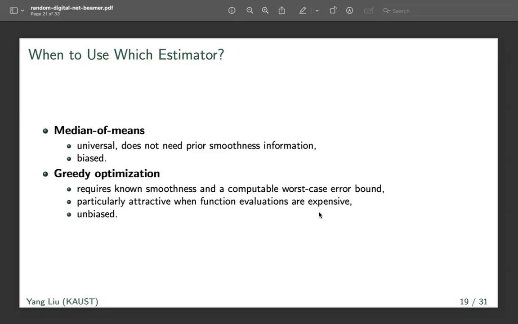For example, when sampling involves solving a differential equation, then the optimization procedure will be relatively cheaper than this sampling procedure. And the estimator is unbiased, so for example, when one is interested in an unbiased estimator, this can be an option.